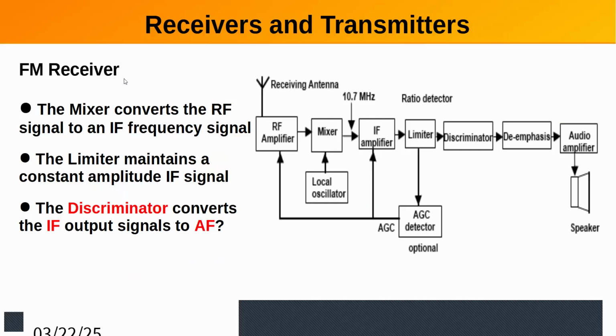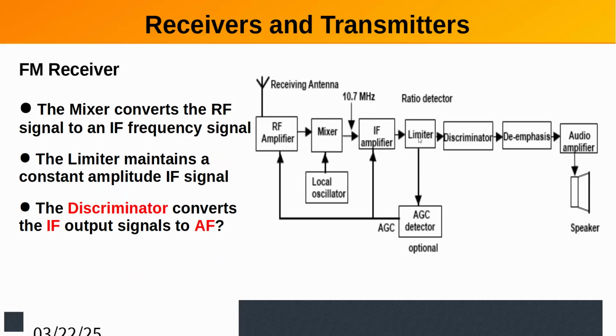If I'm doing an FM receiver, it's pretty much the same. I do the mixer, the oscillator, the IF amplifier. Typically it's always been a 10.7 megahertz IF. I guess they still are, although I don't know what they do in more digital TVs. Then I go through the limiter circuit, which is like an ALC.